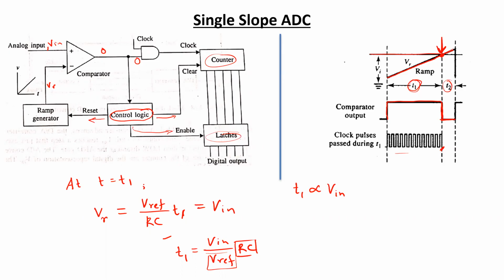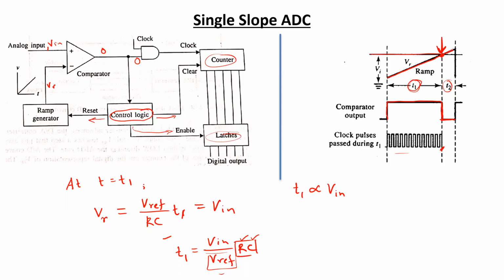operating. Now for this particular type of ADC, the single slope ADC, one of the drawbacks is that, for the ideal scenario, we are considering that the values of R and C are going to be constant. The value of the reference voltage is supposed to be constant as well.